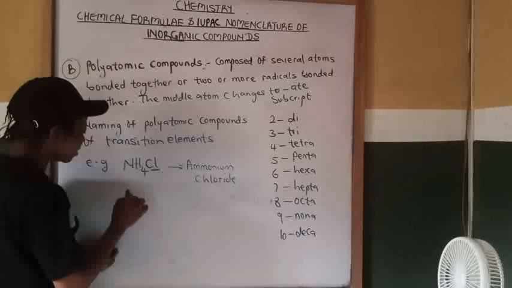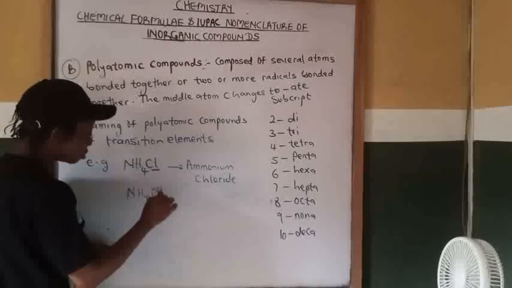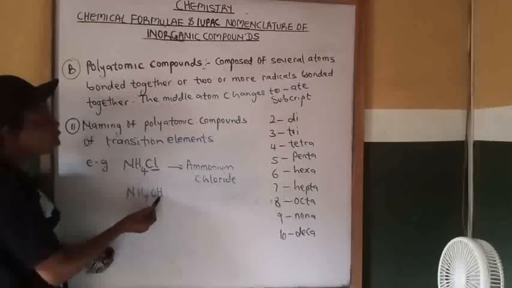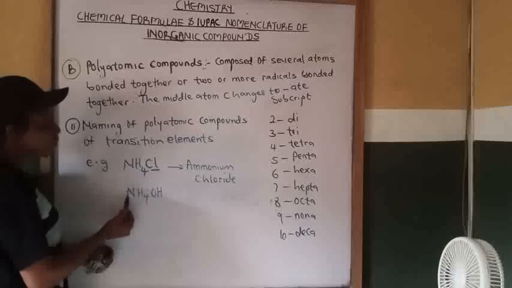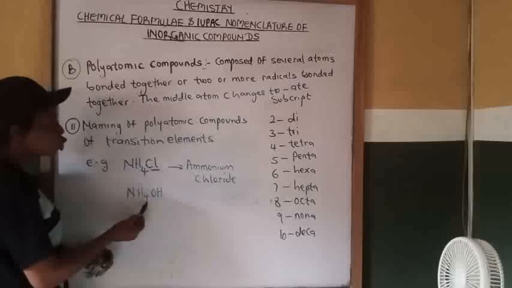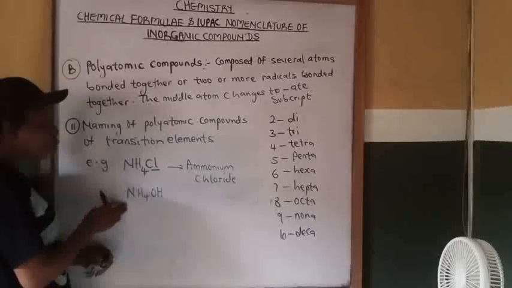Then another one is NH4OH. NH4 is ammonium, then OH is hydroxy. So a positive radical plus a negative radical. You name the positive radical fully, which is called ammonium.